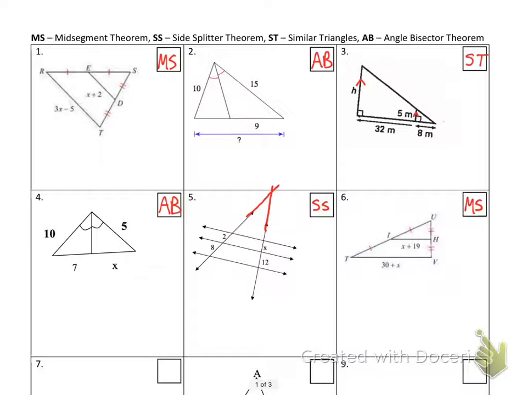All right, and I just want to quickly go over how we approach these problems in different ways. Luckily, angle bisector and side splitter, we kind of approach them the same way. And what do we need to set up for each of those problems?